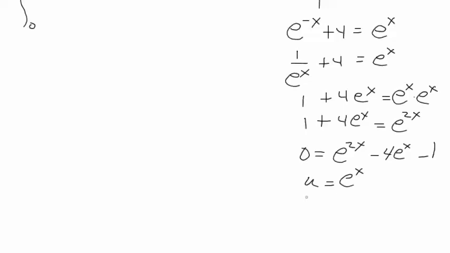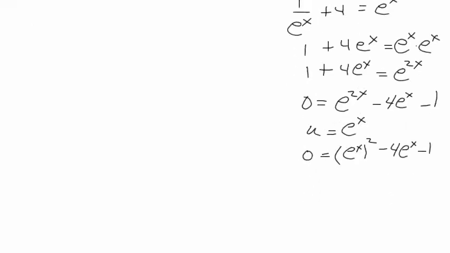Now this can be rewritten as e to the x quantity squared minus 4e to the x. Now we're going to substitute this e to the x for u, because u wants to go in there. It's now his time to show himself.